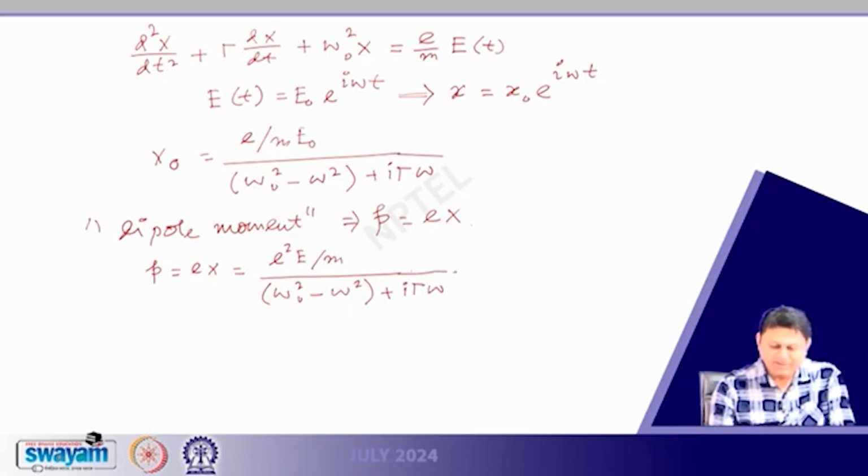I simply write E here and x here, because if I multiply both sides with e to the power i omega t, then this E0 will simply be E as a function of t, and this x will also become a function of t.